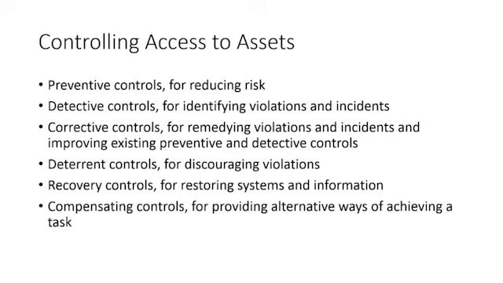And then compensating controls. This is alternative ways for achieving a different task that we may have, a different way of looking at it. I like to think of this one as like looking outside of the box, right? We have all these controls, and we've been taught these for years. None of these have really changed over the years.